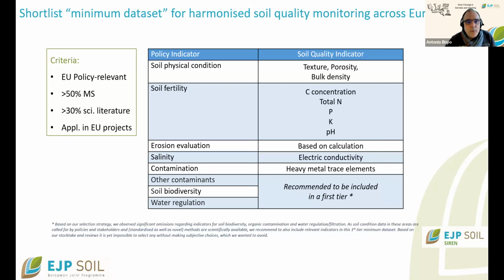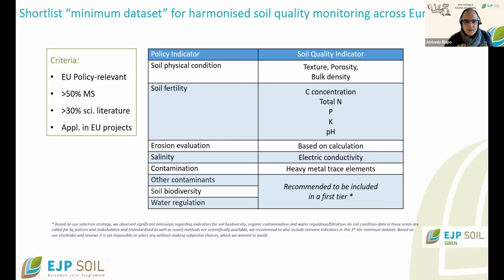And then you have the possible soil quality indicators, and you see that a few are missing because they are not used in at least 50% of the countries. The first ones, on texture, porosity, or carbon concentration, for example, are already implemented in national systems, whereas organic contaminants, soil biodiversity, and water regulation are not.